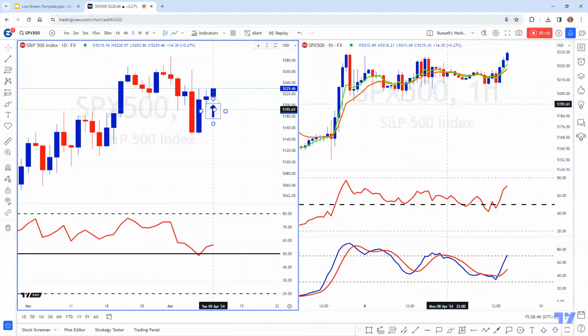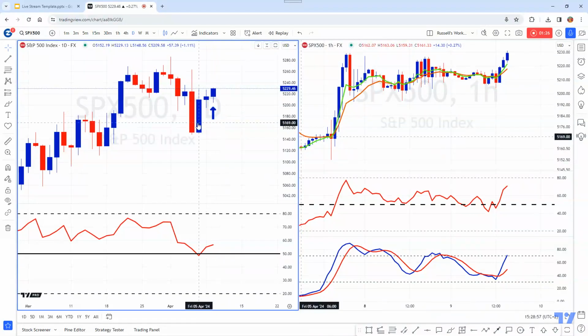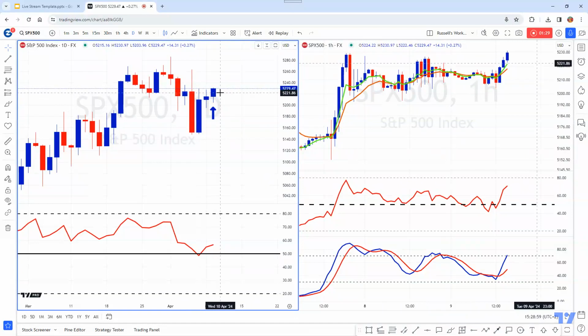But importantly, we've got a higher high and a higher low in terms of this candle's range. And that puts the daily chart, in short-term bar analysis perspective, into uptrend.